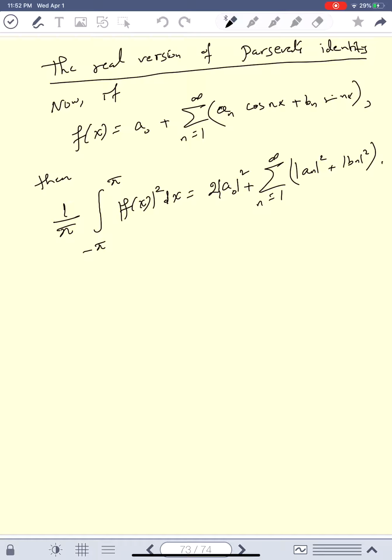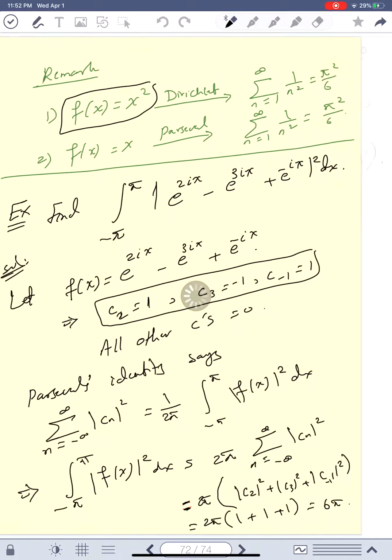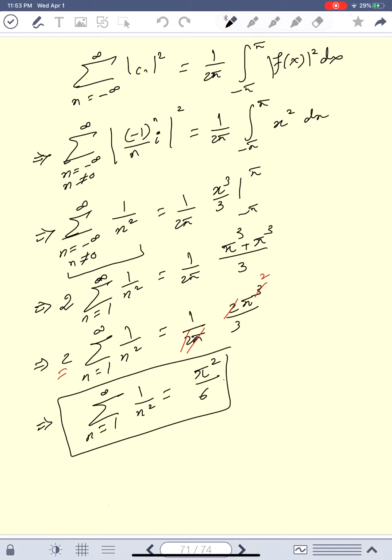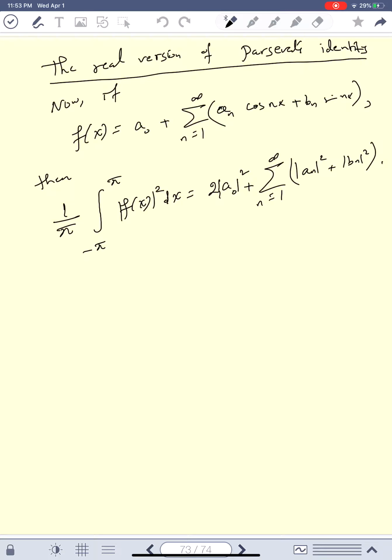So now let's see again what happens in the previous example. In this example, we applied the complex Fourier series on the function x, and we found the sum of 1 over n squared. Let's apply the real Fourier series to the same function and see what we get. So again, let's take the function x as our function, and let's apply Parseval's identity.